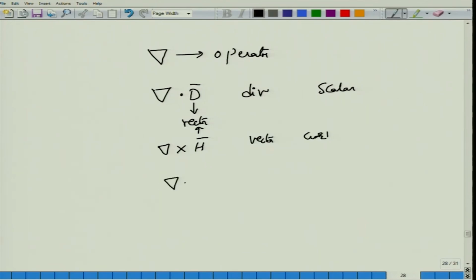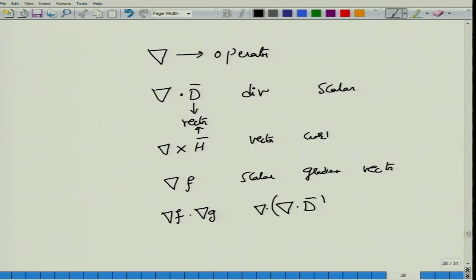Okay, gradient is something that you will have to operate only on a scalar. But the result of this will be a vector. Okay, so this is a legitimate operation. Del f dot del g is a legitimate operation, but del dot d is not allowed. Why is it not allowed?